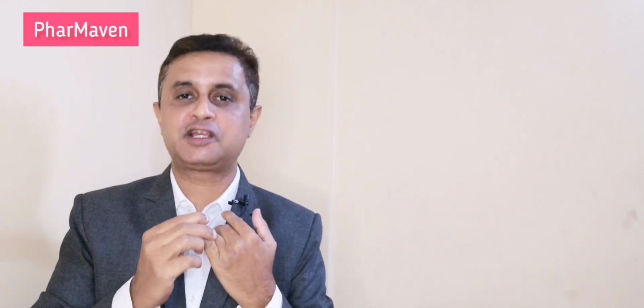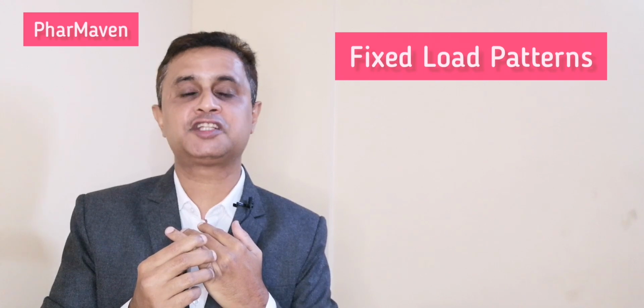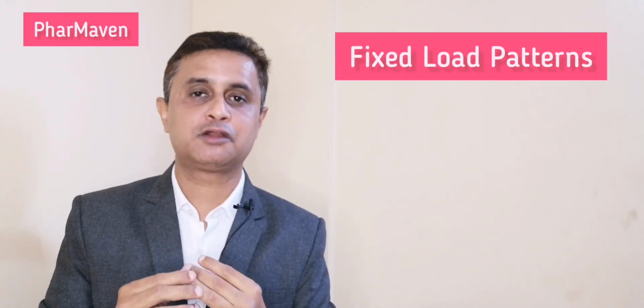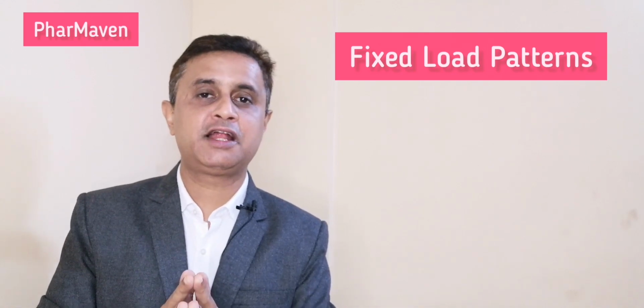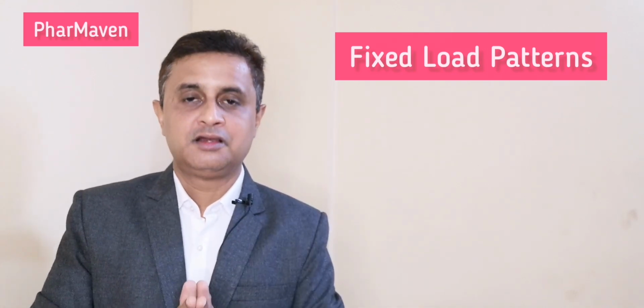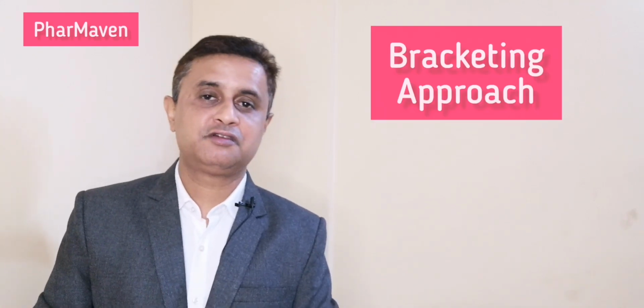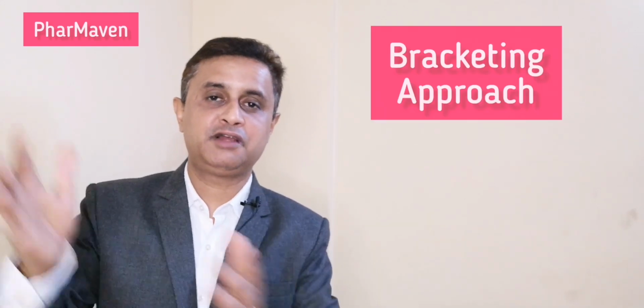The next question is, what is your approach for the load pattern? For example, either we have fixed load patterns. Fixed load patterns means if I have 24 items in a load, every time I sterilize, I have to place all 24 load items into the load. Another approach is the bracketing approach. Bracketing approach means we have a minimum load pattern and a maximum load pattern.